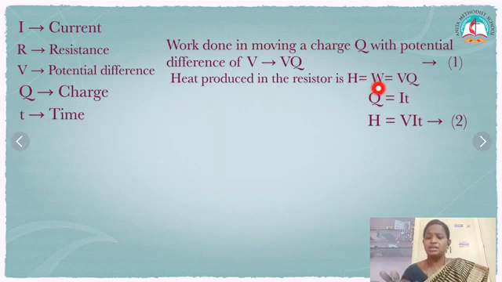Then the equation H is equal to W is equal to VQ will be rewritten as H is equal to W is equal to V, in Q's place we substitute this value, so V into I into t. So this is equation number 2.